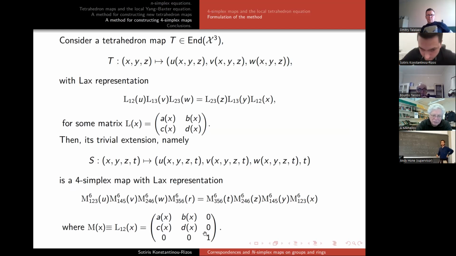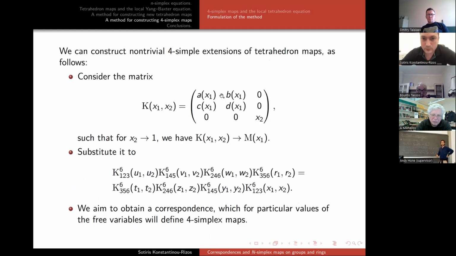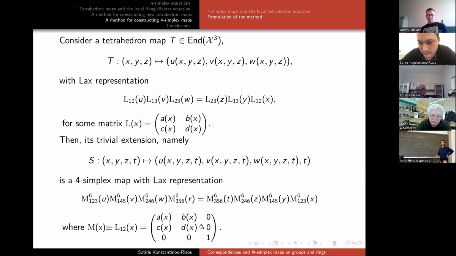So the idea is the following. Instead of this trivial unity here, consider a new variable. Let these matrices A, B, C, and D be functions of one variable, and add one more variable, such that in the limit x2 goes to x1, we get the matrix that gives you the trivial extension.